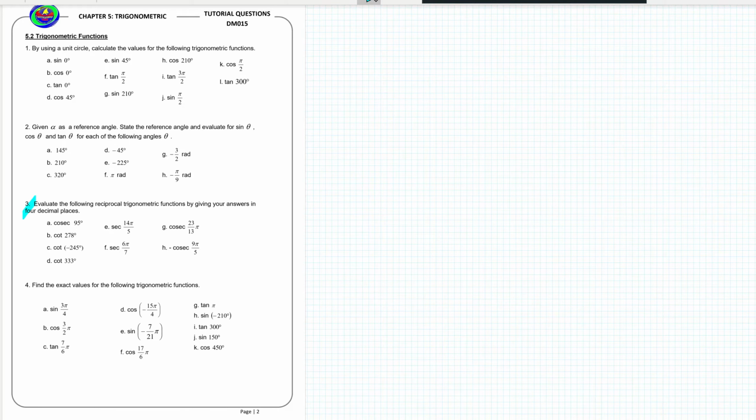For number 3, the question asks you to evaluate the following reciprocal trigonometric functions by giving your answers in 4 decimal places. First of all, you need to understand the question. So what is a reciprocal?